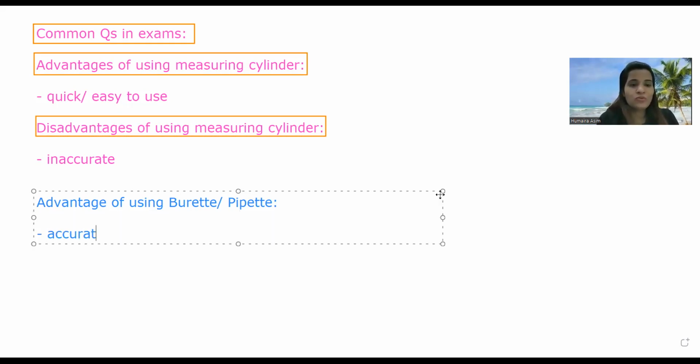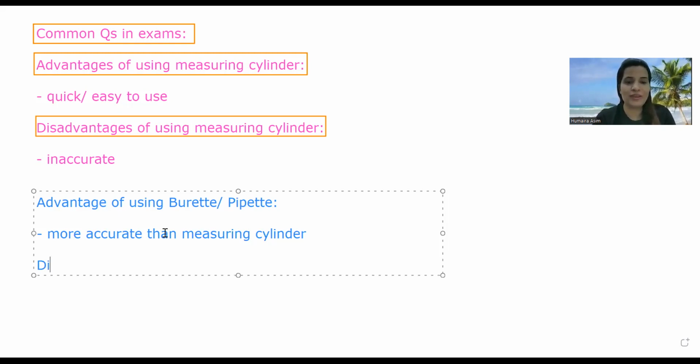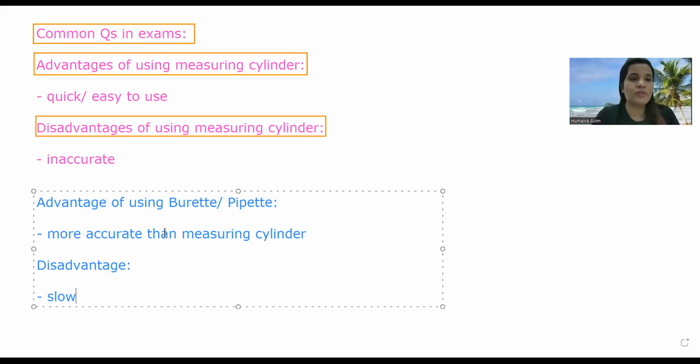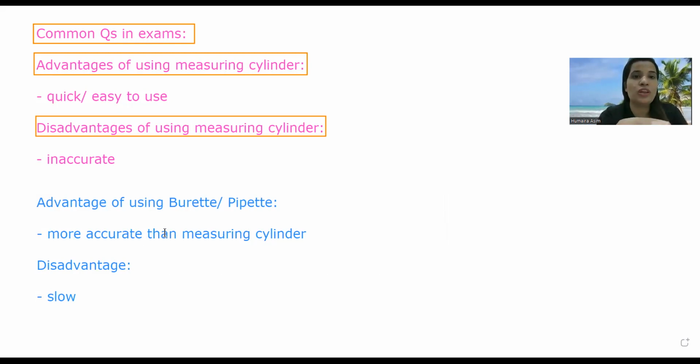In fact, it is better to say more accurate, because you are giving the comparison: more accurate than a measuring cylinder. And when we are talking about the disadvantage, it is slow. This is something that you should mention. In fact, we should say slower, right?